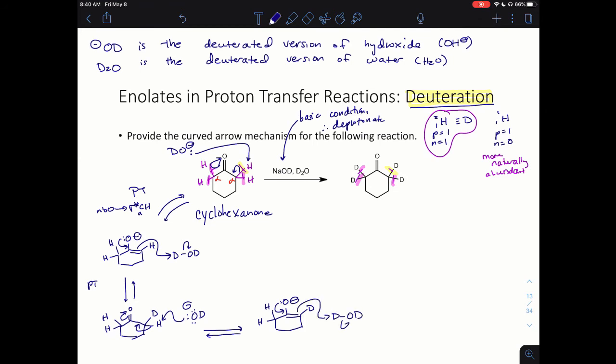And then again, we're going to deuterate with D2O, and that generates this species with now 2 deuteriums incorporated. And we would just repeat for these 2 protons to get the products.